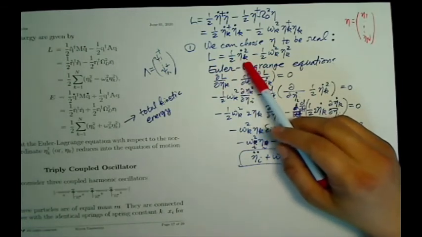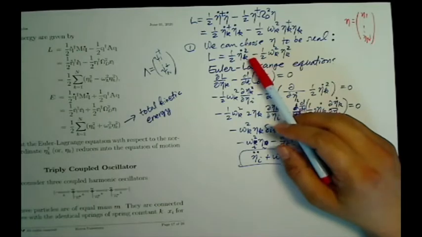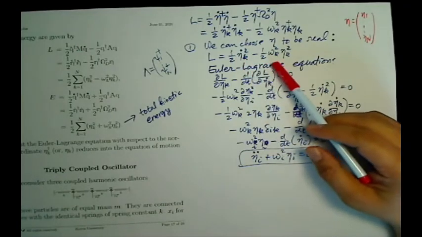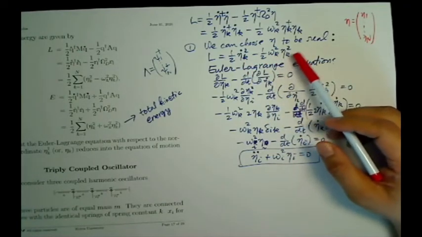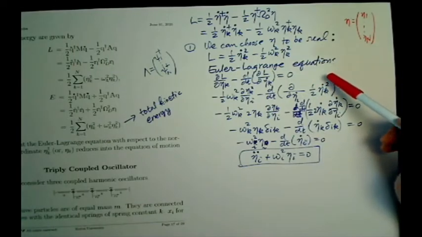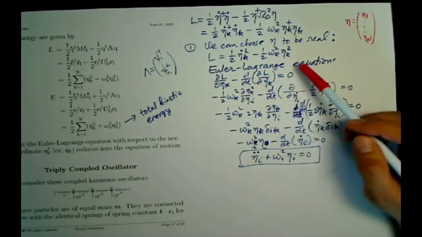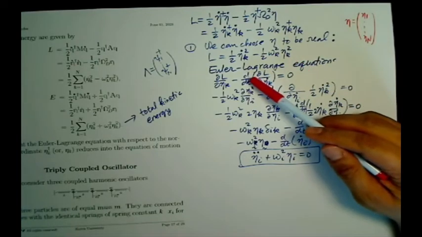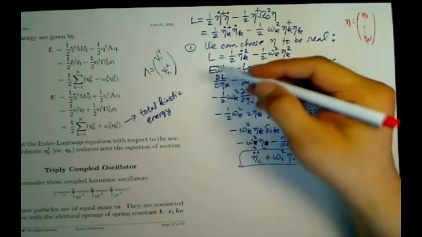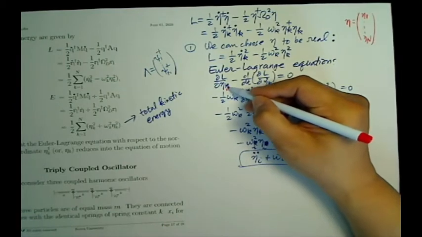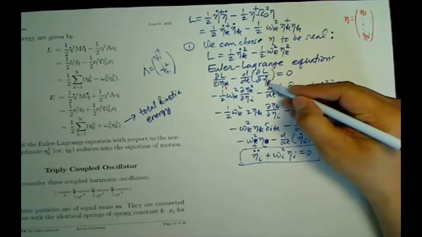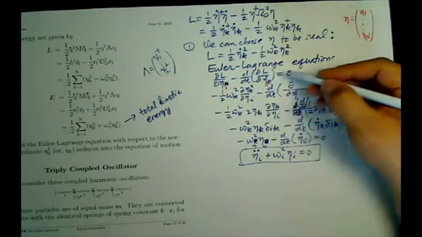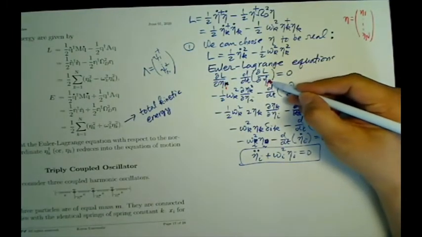The Lagrangian is 1/2 eta dot k squared summed over k minus 1/2 omega k squared eta k squared. The Euler-Lagrange equation for this system for the index eta I, let me replace this one with I. No k, not k, but I.